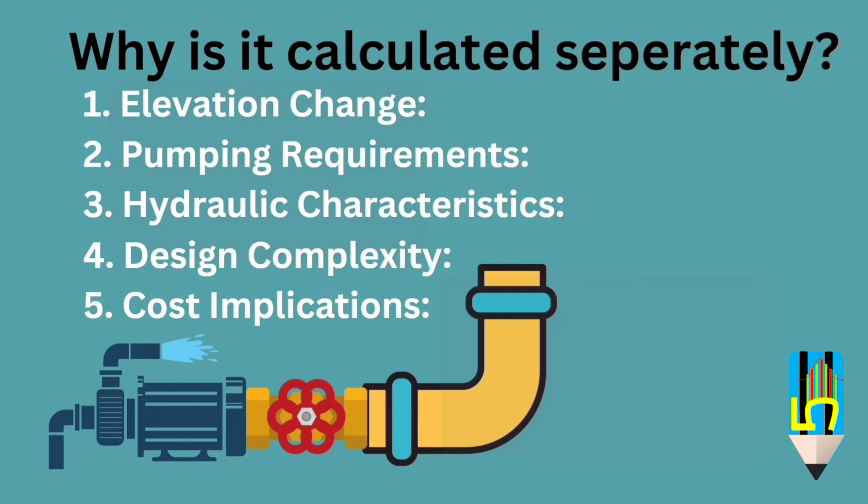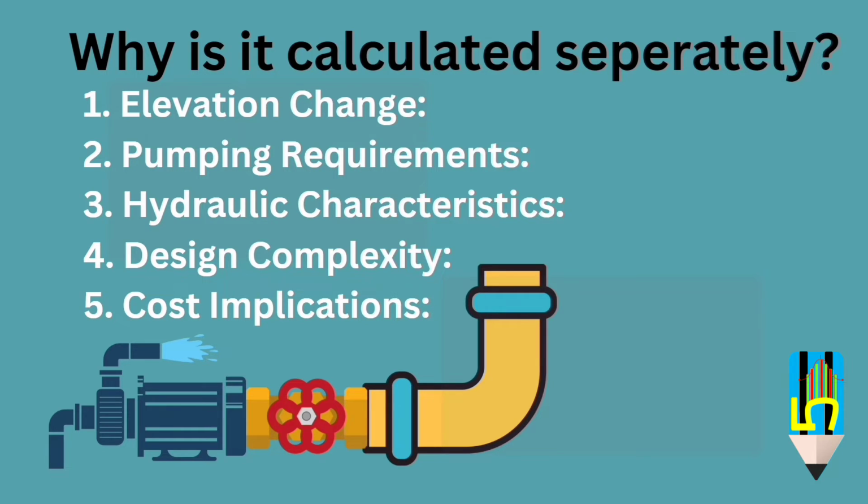So there are several reasons for that. The first reason is elevation change. The function of a rising main is specifically designed to transport water from a lower to a higher elevation. Especially, it is most of the times connected with a pump. So this requires significant pumping power to overcome the gravitational and the frictional pulls.